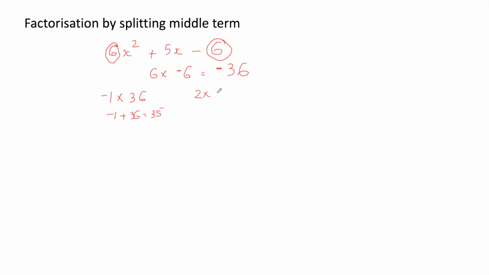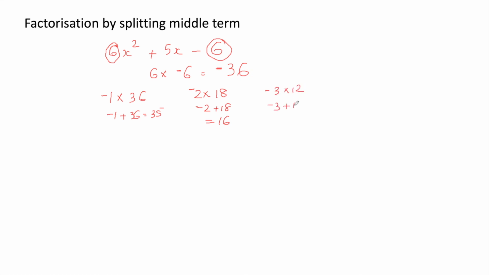2 and 18. You can keep the minus sign anywhere, but the sum should be 5. Minus 2 plus 18 is 16, so it is not equal to 5. Then consider minus 3 into 12.